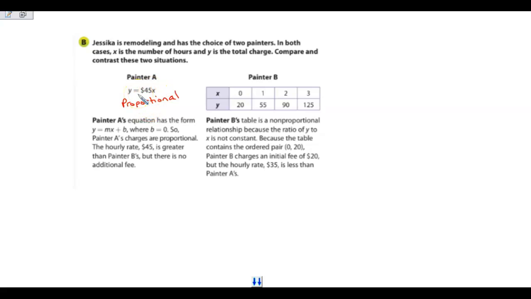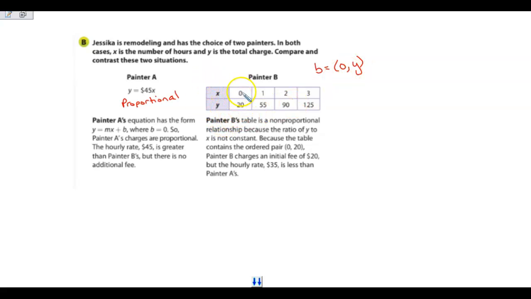When I look at painter B, it's in a table. And the first thing I need to decide is: is it proportional or non-proportional? And I see I have an X of 0. And remember, the y-intercept is where X is always 0, and where it crosses the y-axis is going to be my initial start.